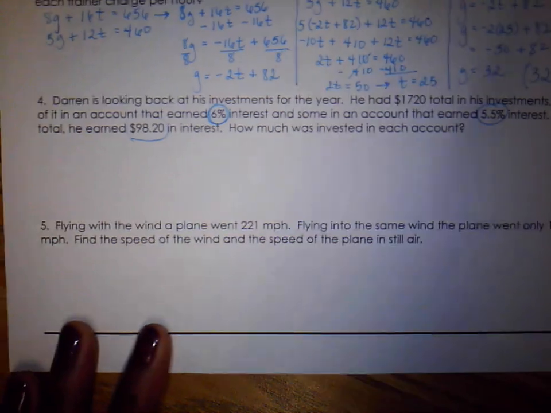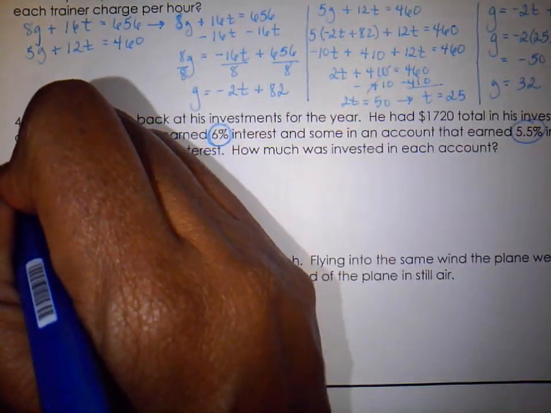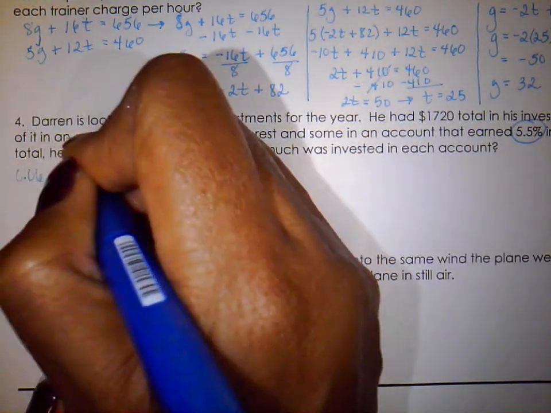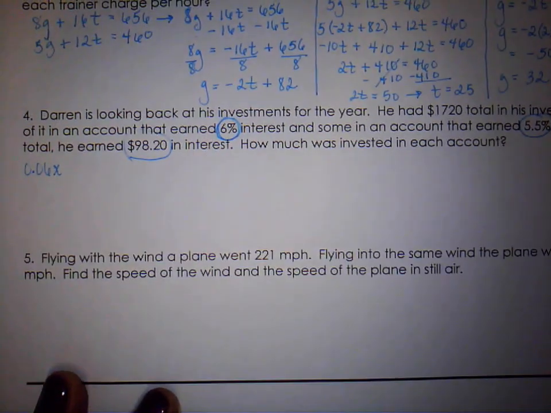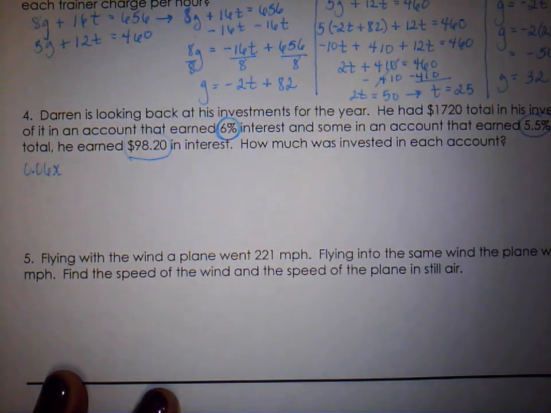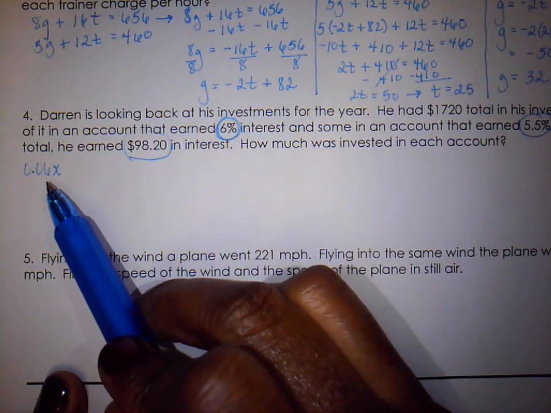Okay? And this is how we're going to write it. 0.06 times x, because they didn't give us any specific information, did they? So we'll let x be for one account and we'll let y be for the other, okay? So I converted 6% to a decimal. Does everyone see how I did that?